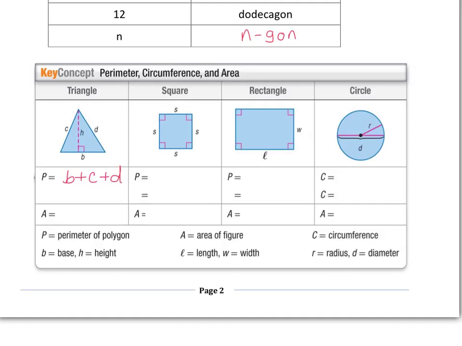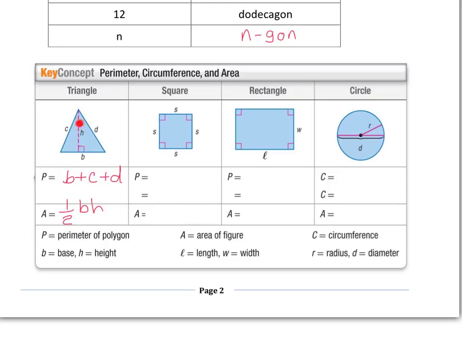And the area for any triangle is 1/2 base times height. In this case, the base is going to be, well, let's start with the height. The height would mean you drop from one vertex perpendicularly.